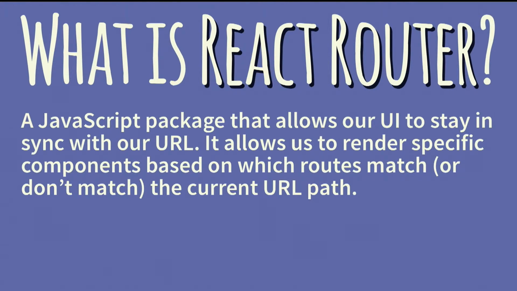So, routing in general keeps our UI in sync with the URL. If you remember the first day, we had our little diagram of the laptop with the arrows going into the big question mark cloud and back. So server-side routing would happen in that big question mark, where we said we don't really care what happens. So far, all that's ever happened is we request index.html, we get index.html back.